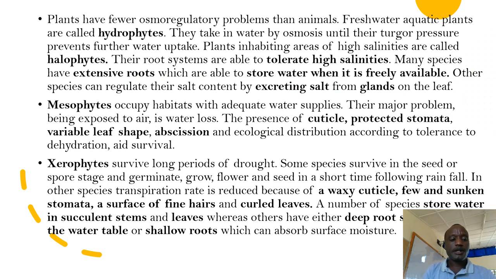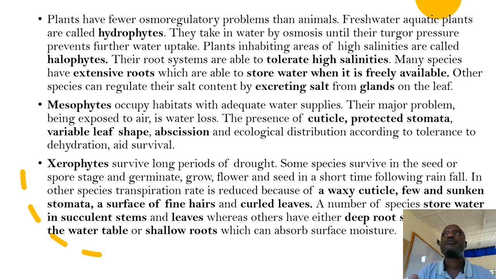Now, the last slide is how different plants also reflect the osmoregulatory problem compared with animals. Like freshwater aquatic plants, we call them hydrophytes, plants which live in aquatic environments.